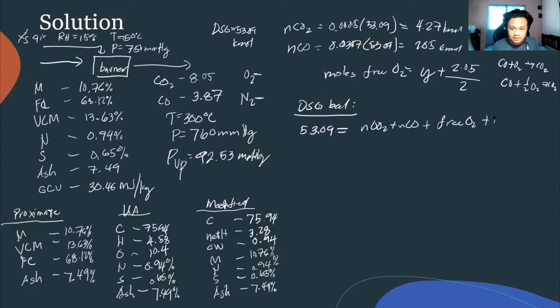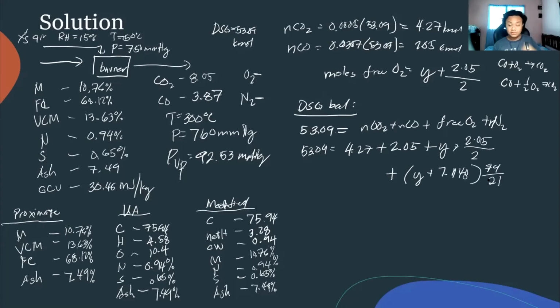You have 53.09 equal to 4.27 plus 2.05 plus Y plus Y plus 7.148 from the previous.